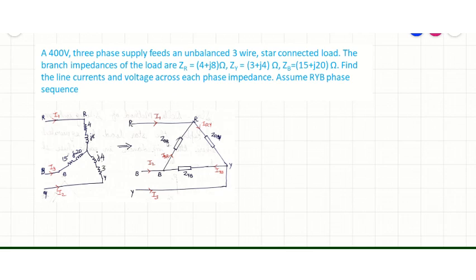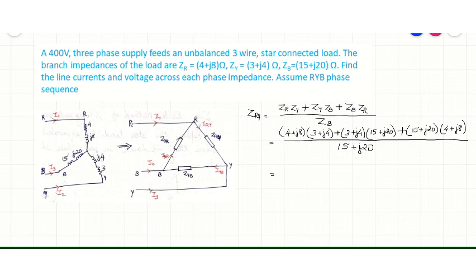ZRY is equal to ZR ZY plus ZY ZB plus ZB ZR divided by ZB. Let's substitute ZR, ZY and ZB.